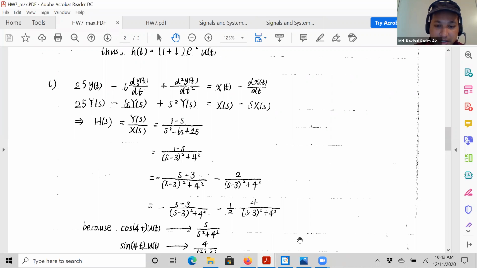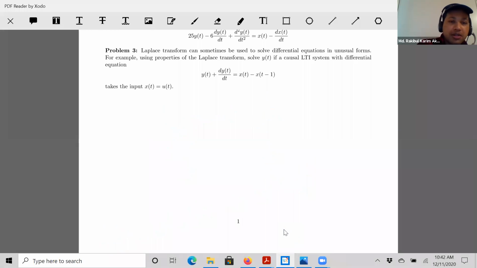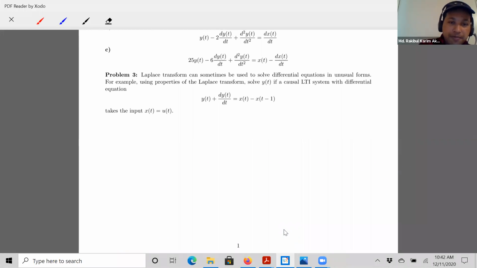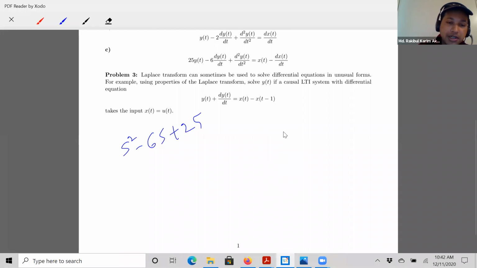Let me write that: s square minus 6s plus 25. Let me check. S square, yeah, right. After that, we want to write it in the form a square minus 2ab plus b square, which is equal to a minus b whole square.